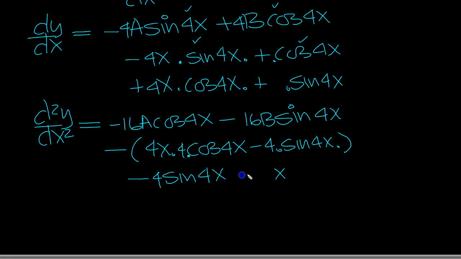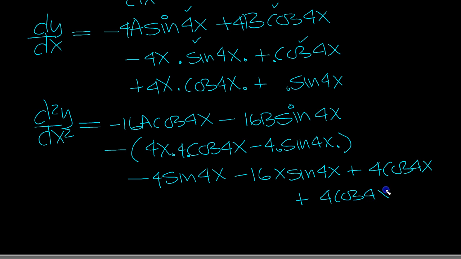So that'll be minus 16 sine 4x. So that was u dv, cos goes to minus sine of something times a 4, minus 16x sine x, plus v du, and that's just 4 times the cos 4x. So that's that one. Okay, and plus this one, sine goes to cos and the 4 comes out. Plus another 4 cosine 4x.